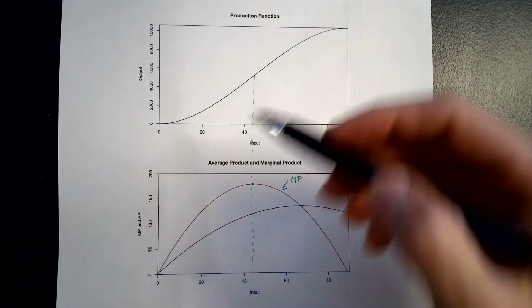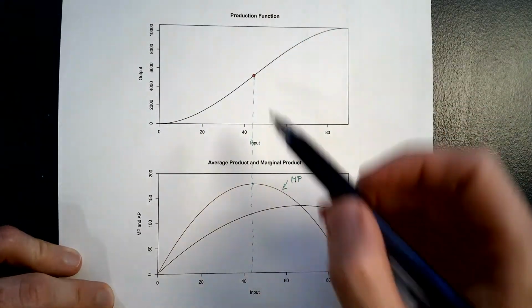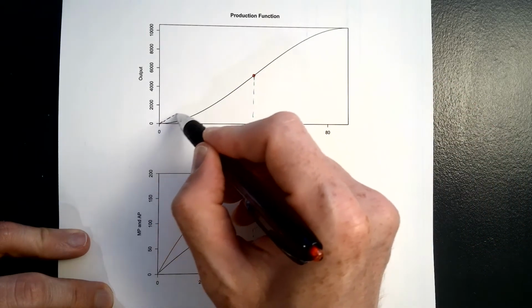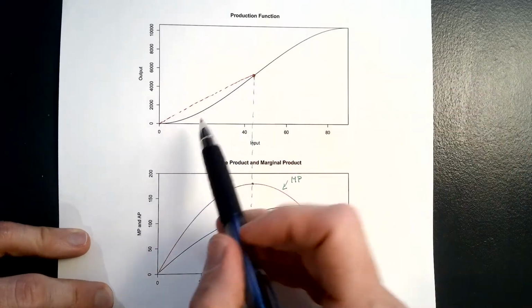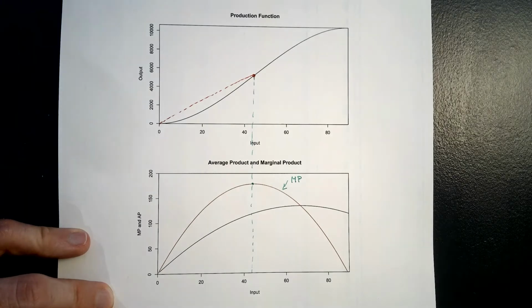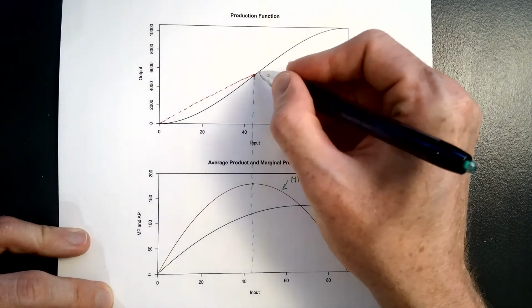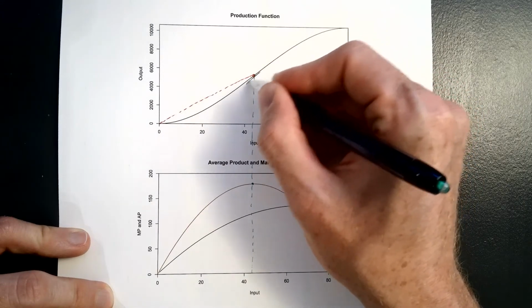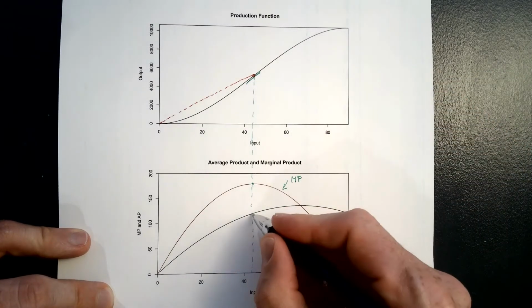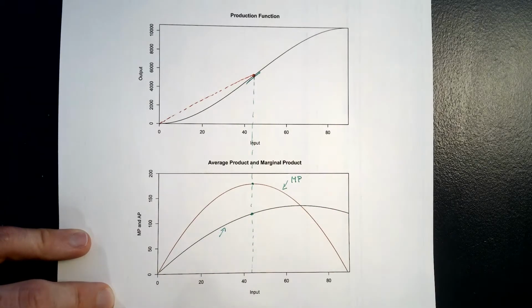Now, to get the average product graphically, you have to pick the point you're interested in. You have to connect that point to the origin, and then the slope of this line represents the average product. And as you can see here, the slope of the red line is less than the slope of the production function. And hence, the average product is below the marginal product at that point.